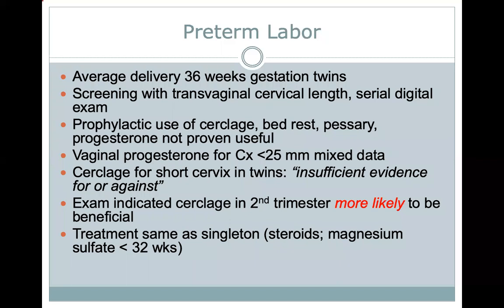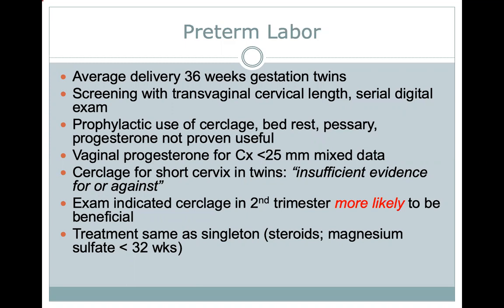Cerclage for short cervix in twins, again, insufficient evidence for or against. That is with a short cervix measured on ultrasound. An exam-indicated cerclage in the second trimester, that is a digital exam that shows cervical dilatation, cerclage does seem to trend toward a more likely beneficial effect.